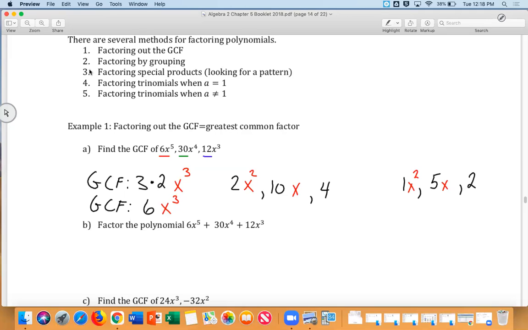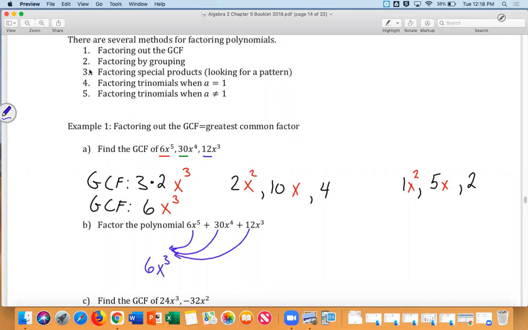So to do this problem, we are going to undistribute it. I am going to pull out from each of these a 6x to the 3rd.